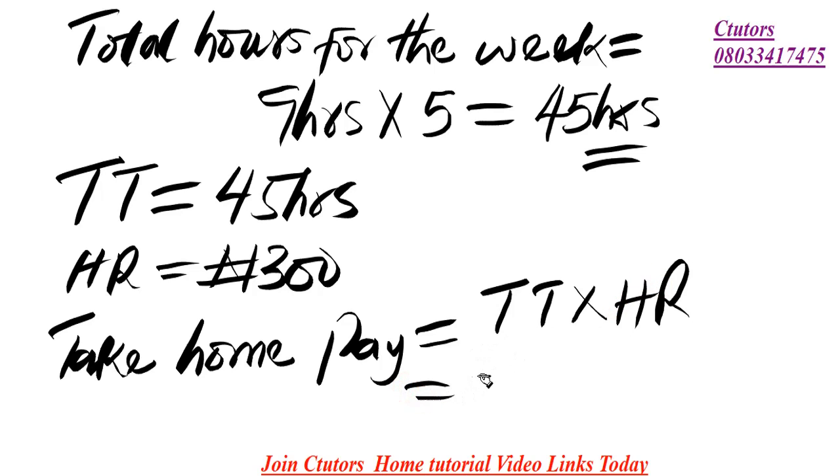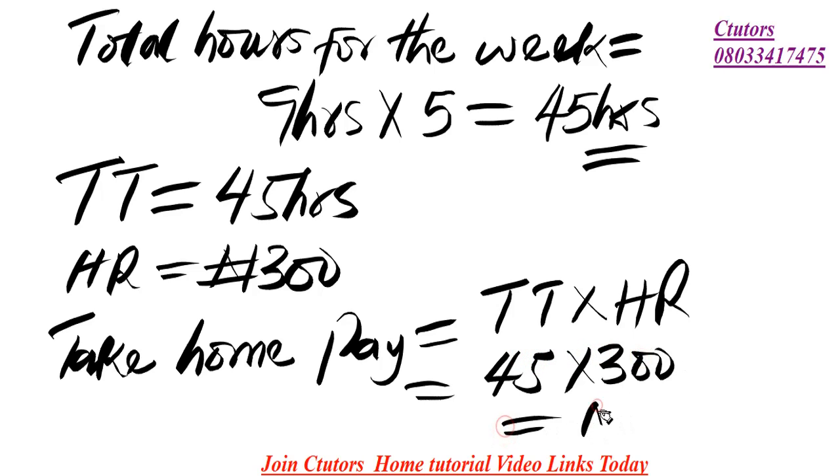So TT is equal to 45 hours multiplied by 300, and whatever we get here becomes the total pay that this person is going home with at the end of the week.